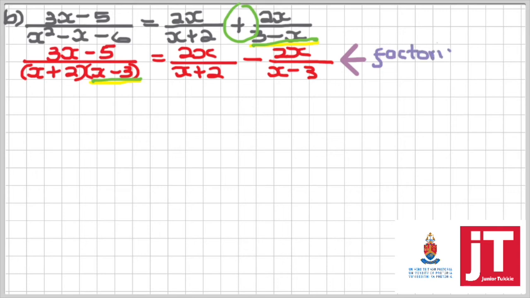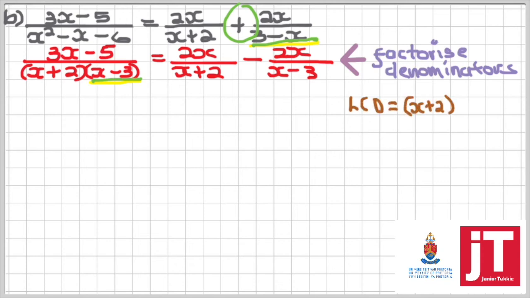Factorize the denominators. Important, very important. You need to factorize the denominators, which we have already done. Thereafter, we need to find the LCD. The LCD is simply (x plus 2) and (x minus 3). We repeat the same process. Once we've got the LCD, we're multiplying each term by the LCD and simplifying it thereafter.